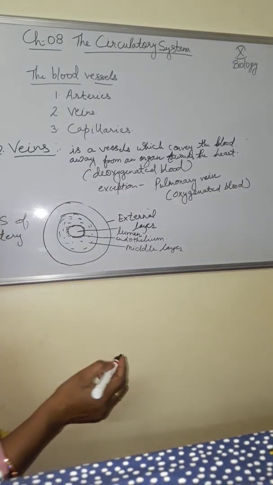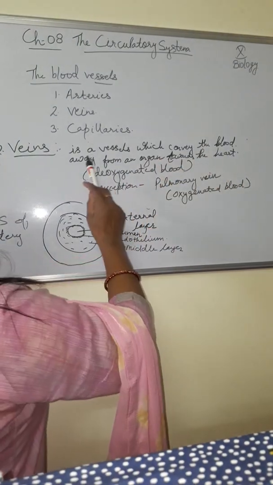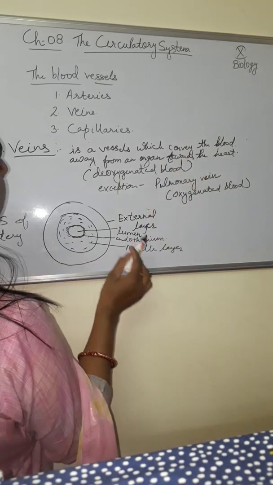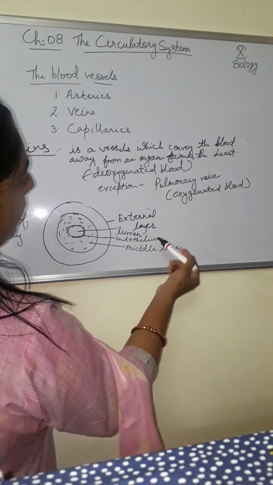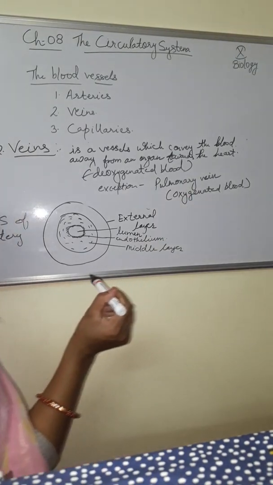Okay, veins is a vessel which conveys the blood away from the organ towards the heart and always carries deoxygenated blood, exception pulmonary vein always carries oxygenated blood.